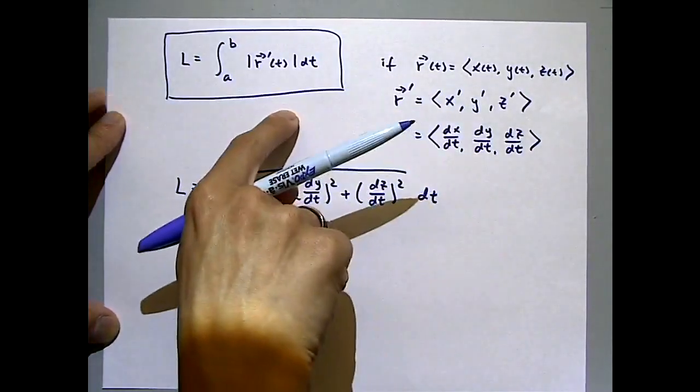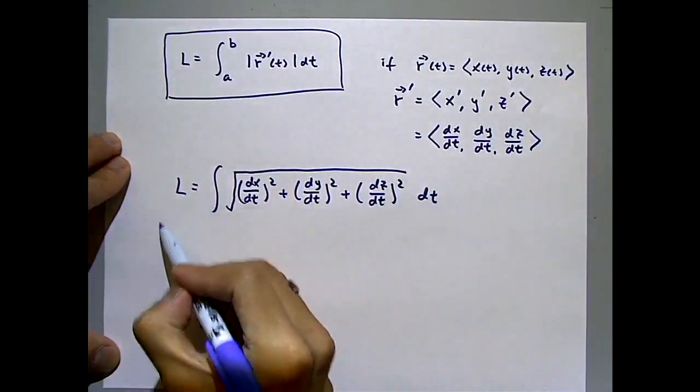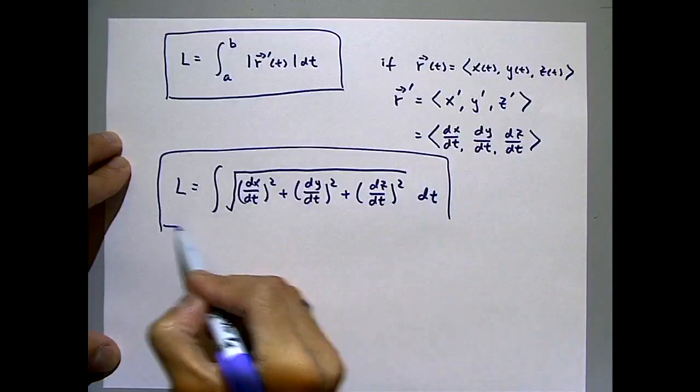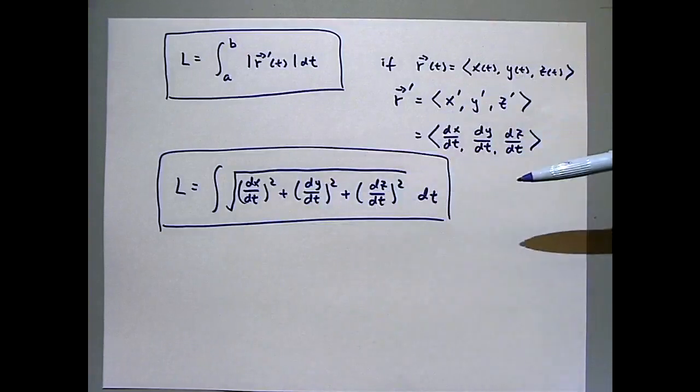Okay, so that's a general vector formula here, specifically for the case of three dimensions. This formula will give us the length of that arc, provided that we could differentiate and integrate all of that stuff.